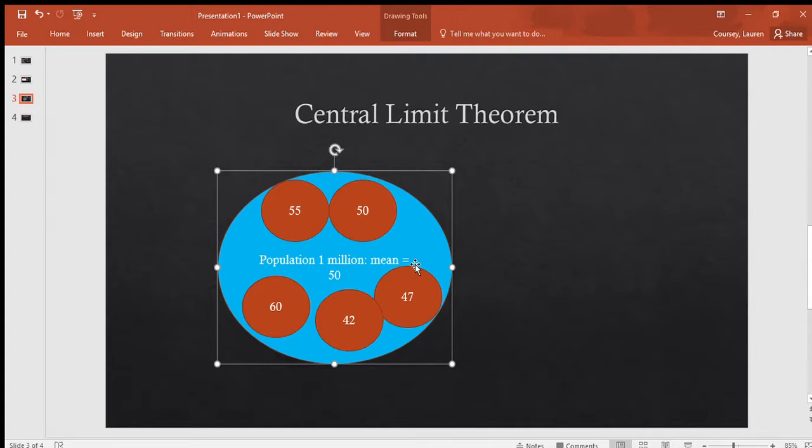Maybe this is some variable that measures IQ or anxiety or creativity or whatever it may be. The mean of our variable at the population level is 50.